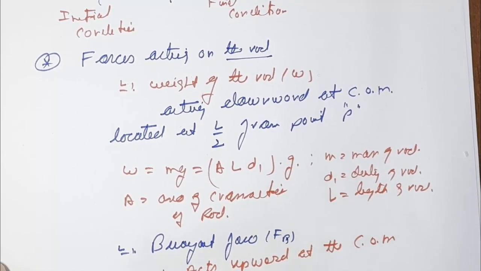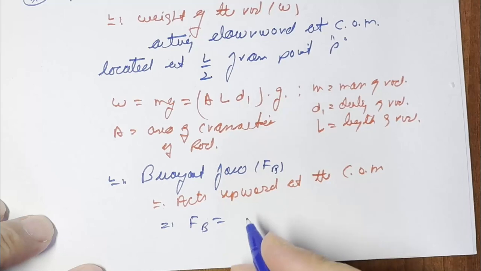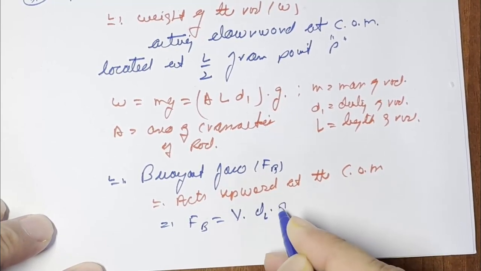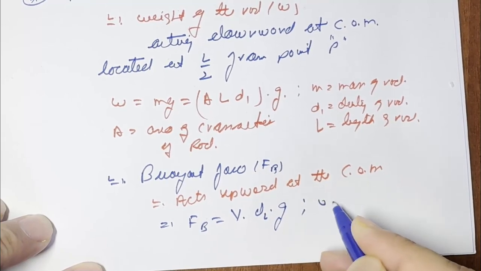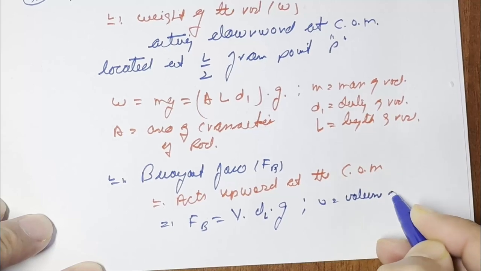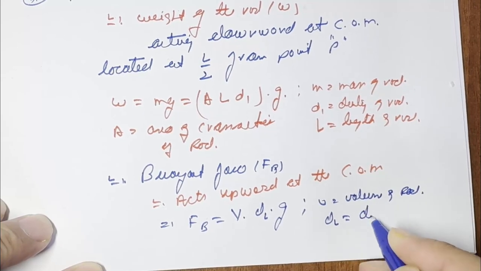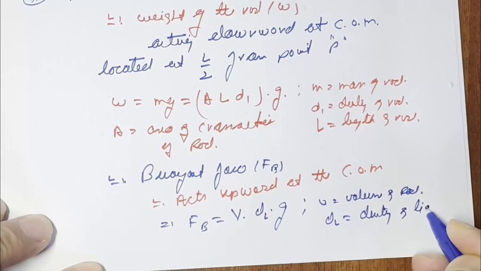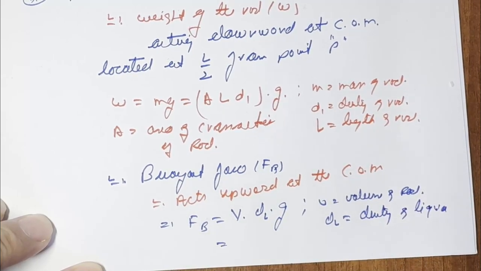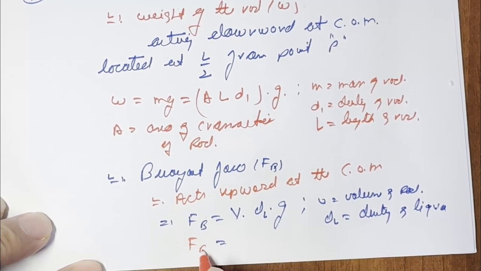So therefore from here we can say this FB will be equal to V multiplied by D2 multiplied by g, where V is the volume of the rod and D2 is the density of the liquid. So we can write this as FB equal to A multiplied by L multiplied by D2 multiplied by g, where A is the area of cross section of the rod and L is the length of the rod.